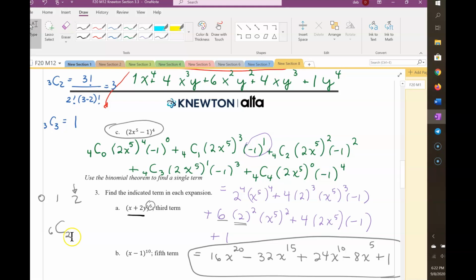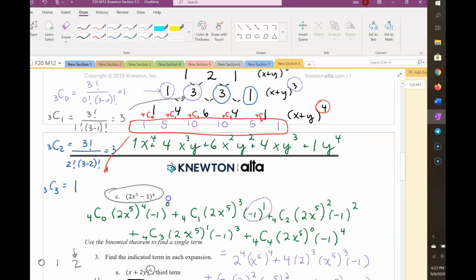So then you had x to the 6, 5, 4. So you're going to have x to the 4. And then the 2y needs to be to the power of 2 because those two exponents always have to add up to 6. Or you could think of the 2y as being to the power of 0, then 1, then 2. Okay, so 6 choose 2.